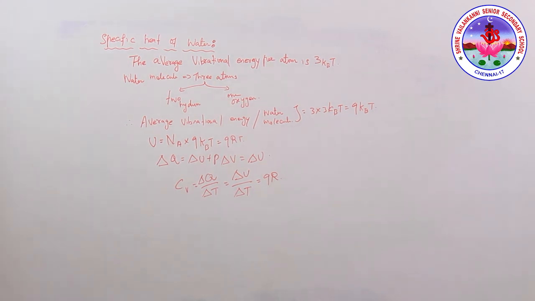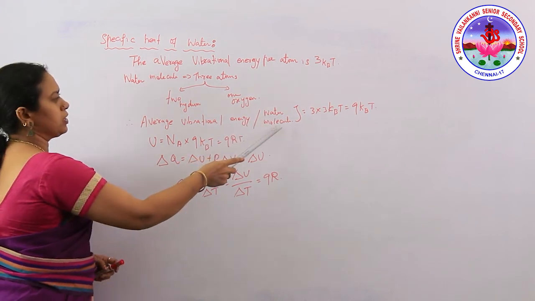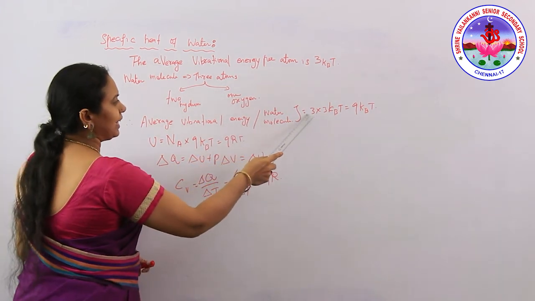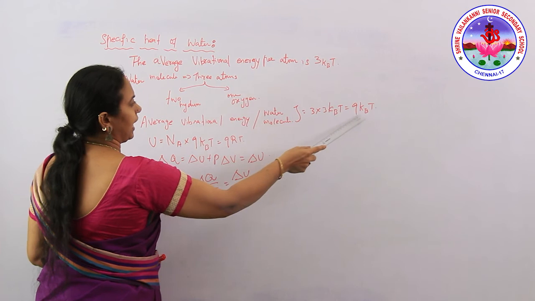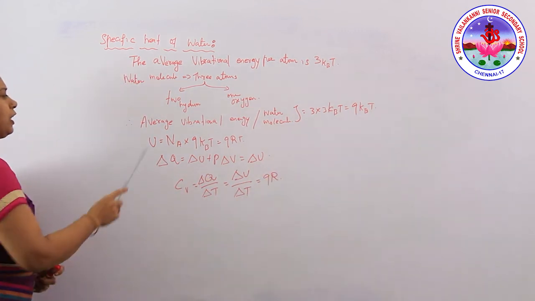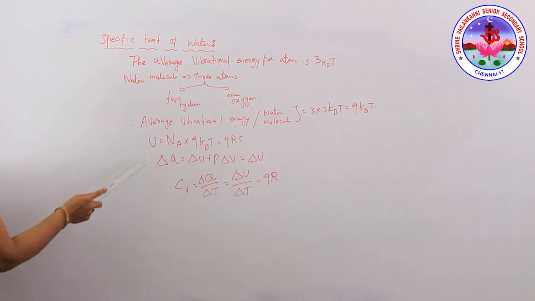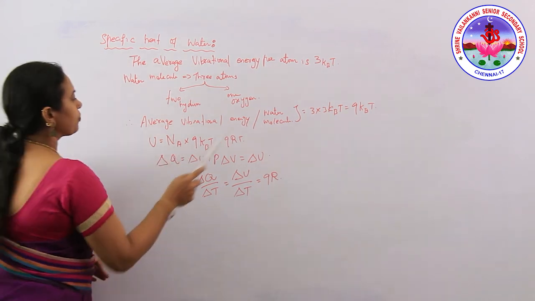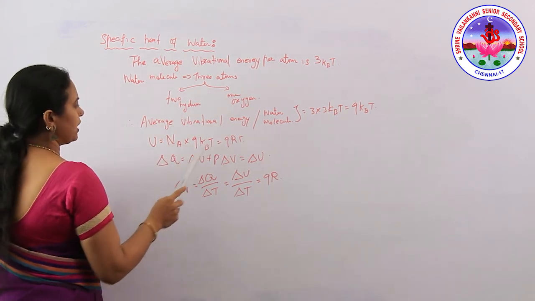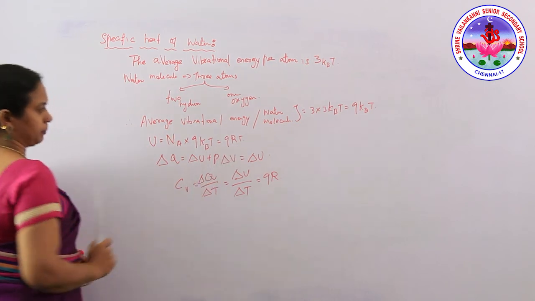So what is the average vibrational energy per water molecule? 3 atoms, so 3 into 3 kBT, so 9 kBT will come. Then the total vibrational or internal energy of 1 mole of water molecules is Na into 9 kBT, so this will come to 9RT.